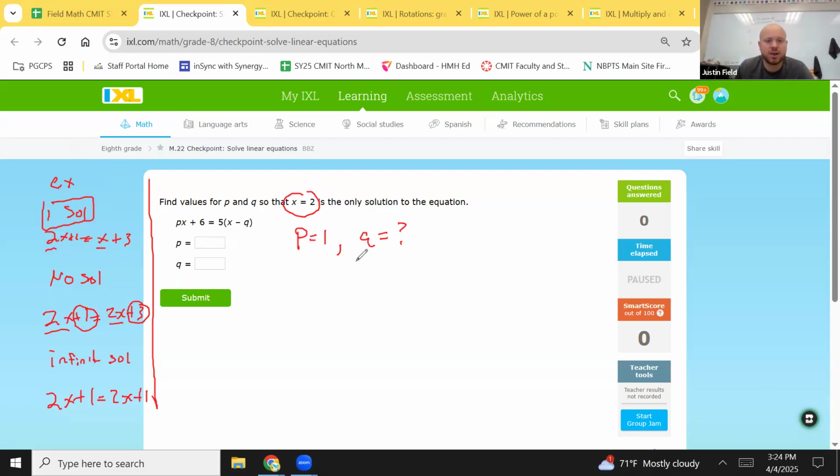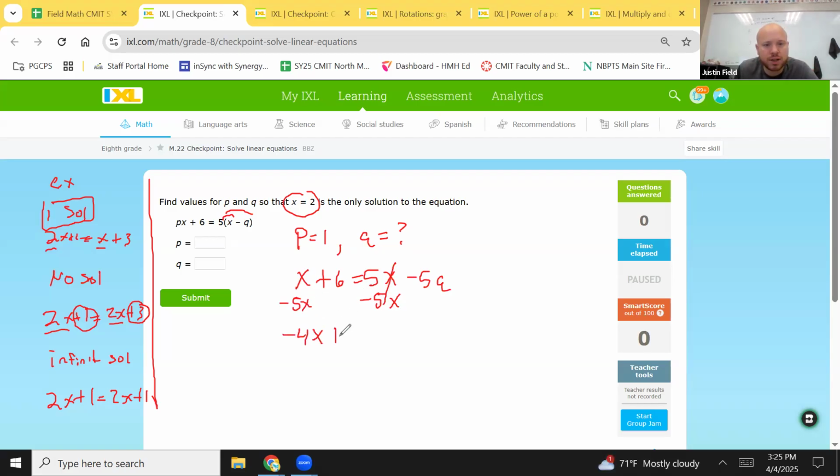Okay. And so now I am going to write x plus 6 equals, and I'm going to distribute, 5x minus 5q. And then I'm going to put my variables on my left side. So now I'm just using inverse operations.